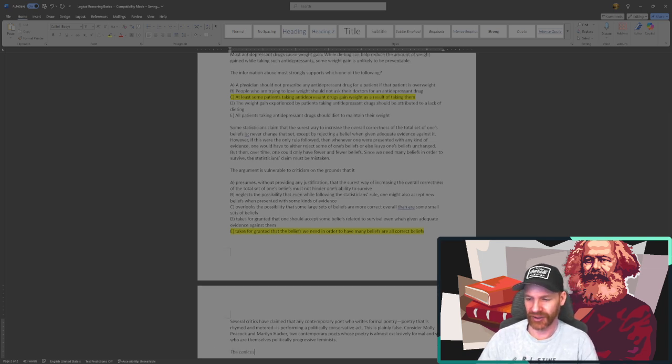The conclusion drawn above follows logically if one of the following is assumed.